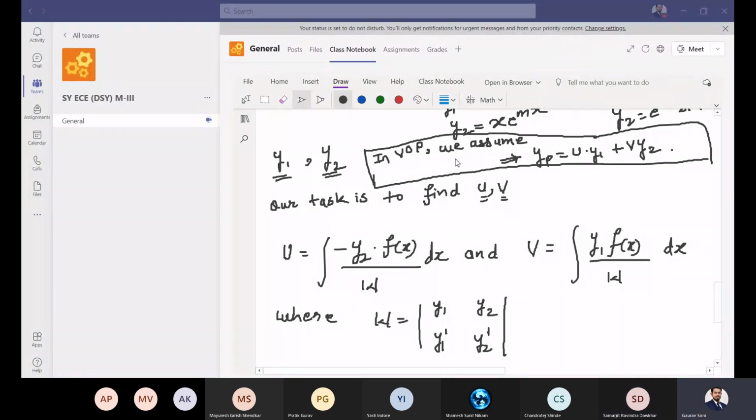Yes, Samar ji, tell me what is y1 dash and y2 dash? Sir, can't we say 1 upon y1? Shainesh, Samar ji.